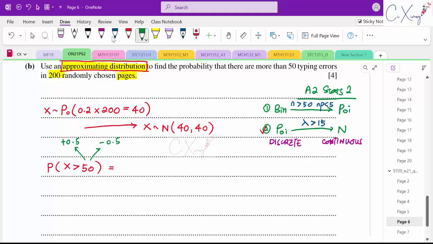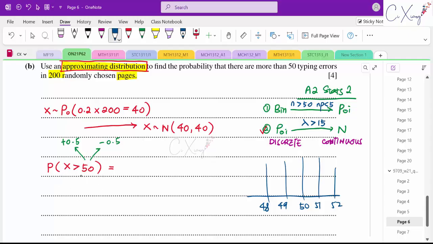So how can you decide? Usually, when I want to decide, I imagine something like this. I imagine I'm having a Poisson with a few bar lines, straight lines like this. Let's say 50 is this one, then I have 51, 52, then 49 and 48. If I look at this symbol, x greater than 50, when you calculate the probability for Poisson distribution, does it include 50 or not?